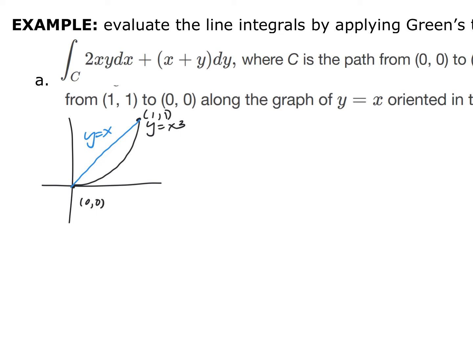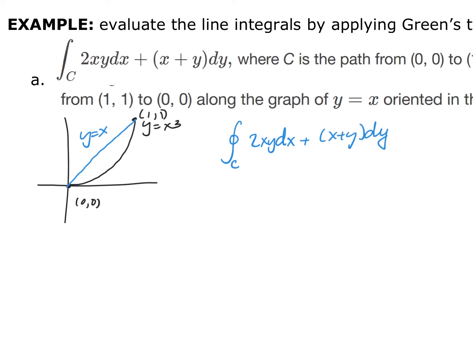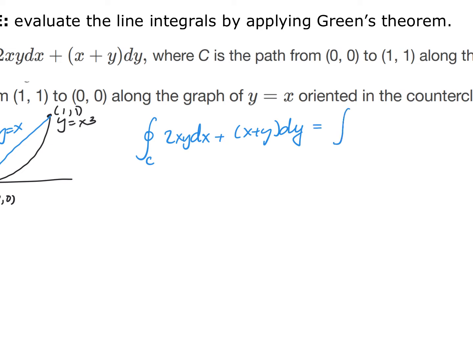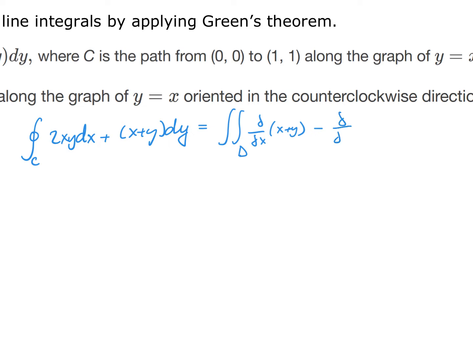So we know by Green's theorem that the circulation along the curve C of 2xy dx plus (x plus y) dy can be evaluated as the double integral over the region D of the partial derivative with respect to x of x plus y, minus the partial derivative with respect to y of 2xy, dA.